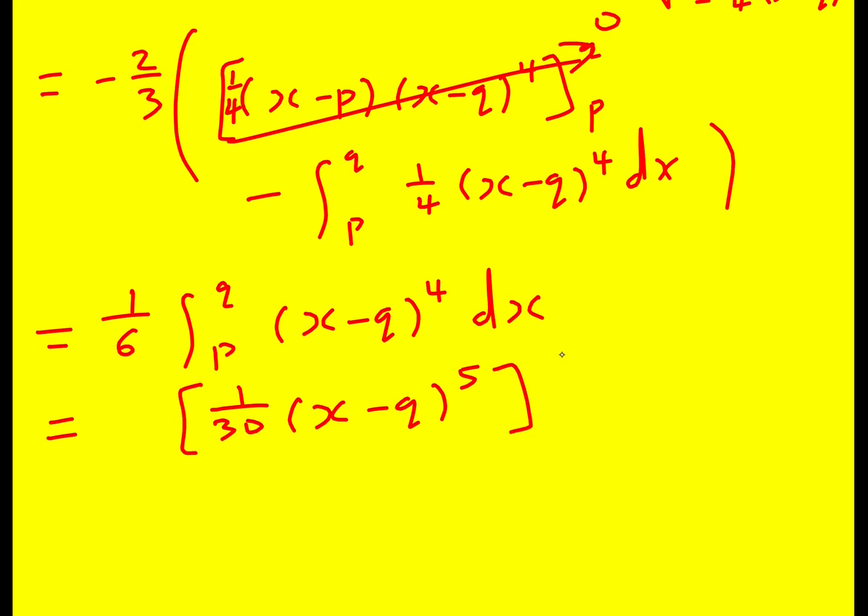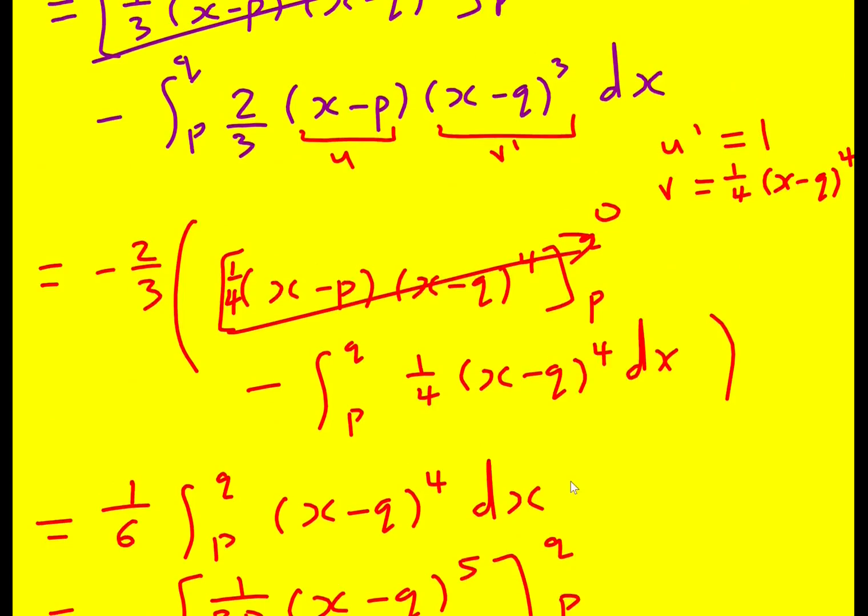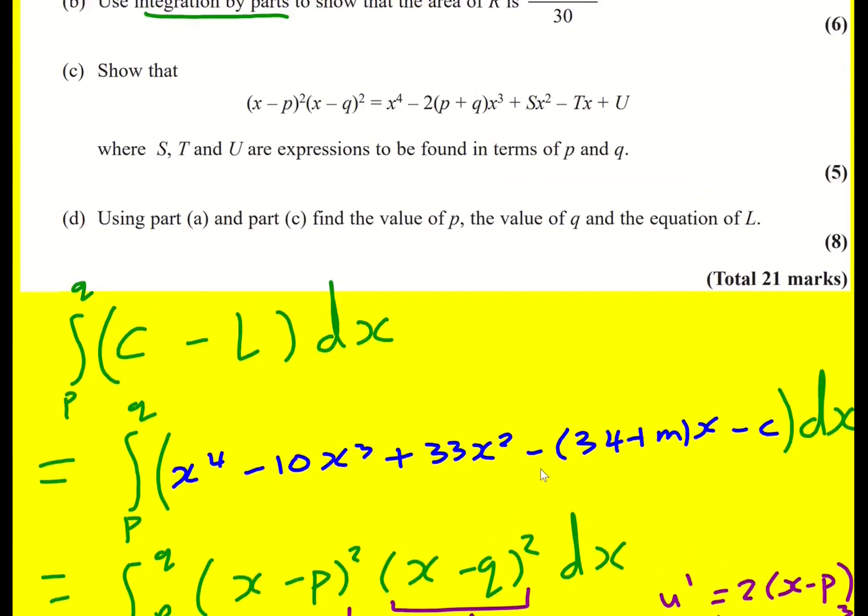I'll put all of this inside a square bracket. When I put the q in, I'll get 0. So then it'd be 0 minus 1/30 p minus q to the 5, which is nearly what we want, but we'll go all the way back here.